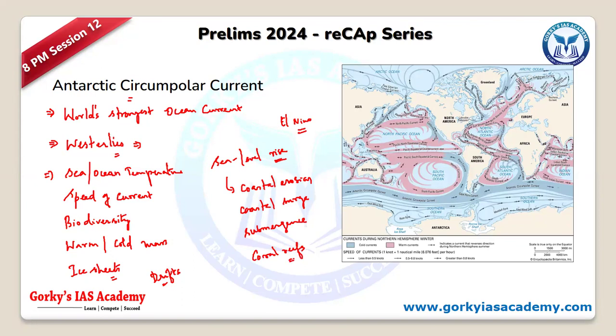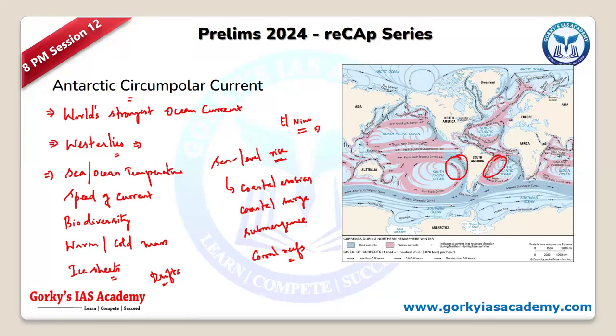Sir, can you please explain the relationship between this concept and El Nino? Though it is not directly linked, it will have an impact. You can see the Peruvian Humboldt current and the Brazilian current, the two important currents affecting El Nino and La Nina, right?